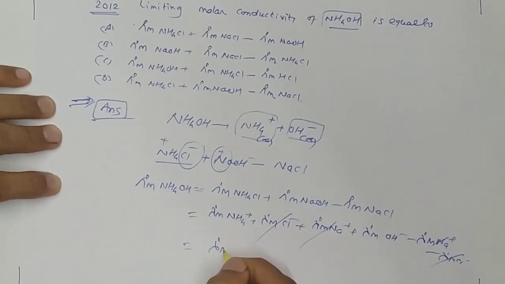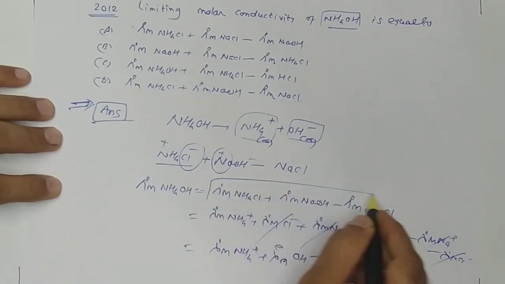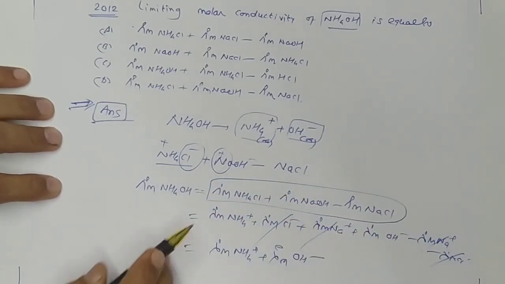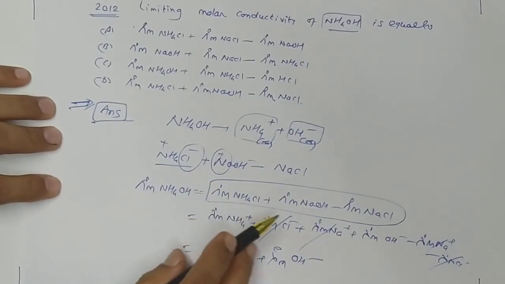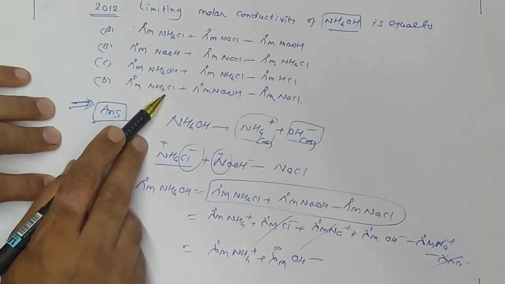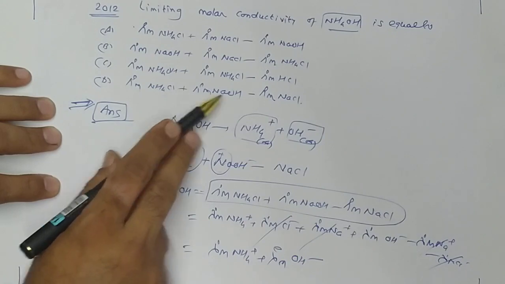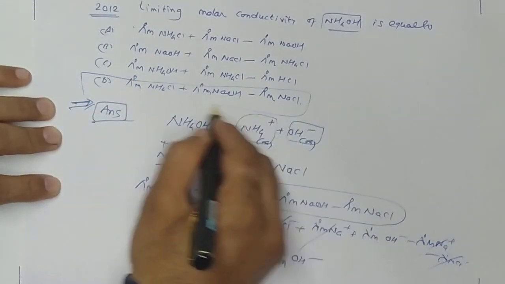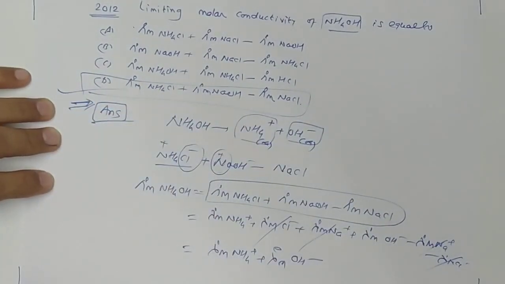So we get answer. Understood? Yes, so this is our answer: NH4Cl plus NaOH minus NaCl. So D is our answer.